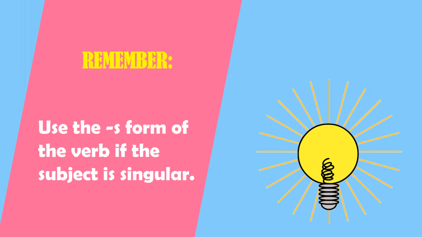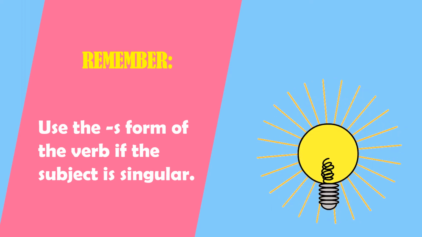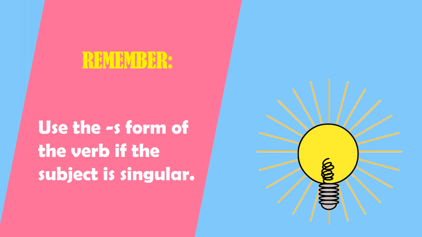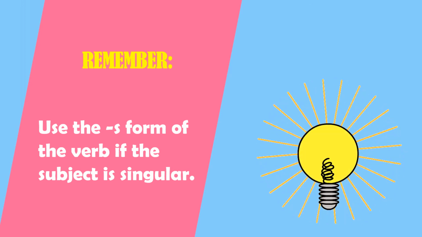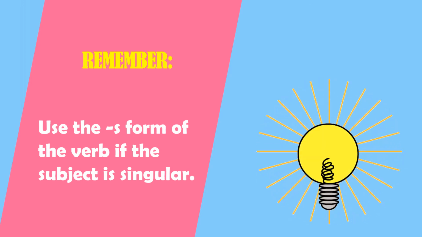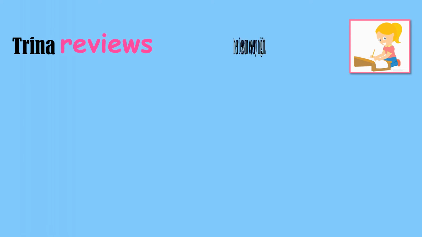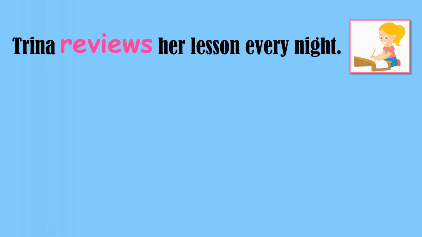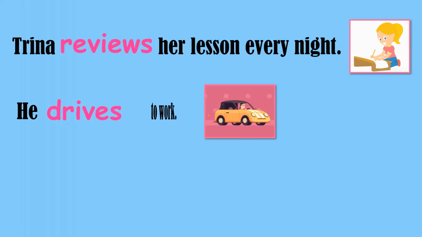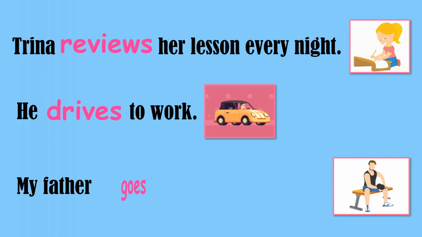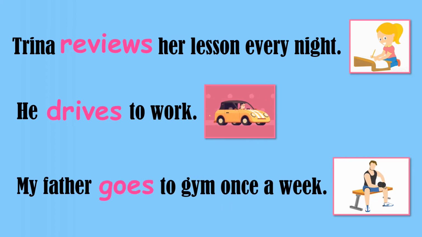In forming or using the simple present tense of the verb, there are things that we should remember. Use the s form of the verb if the subject is singular. Trina reviews her lesson every night. He drives to work. My father goes to the gym once a week.